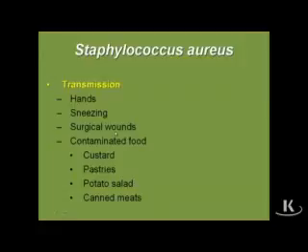Now, Staphylococcus aureus is also one of the leading causes of gastroenteritis in the U.S., and it's a good idea to know what foods are associated with staphylococcal food poisoning. And so we've listed here some of those foods. They're basically very rich foods. Sometimes the boards will ask you about food.